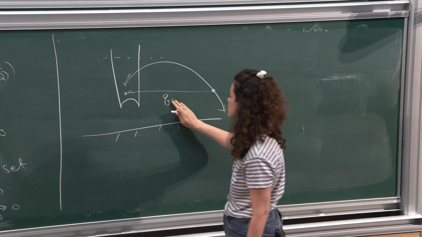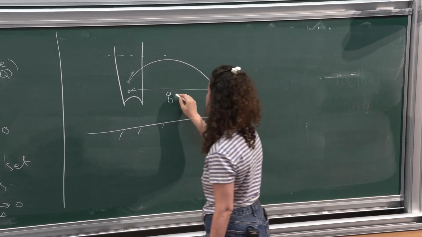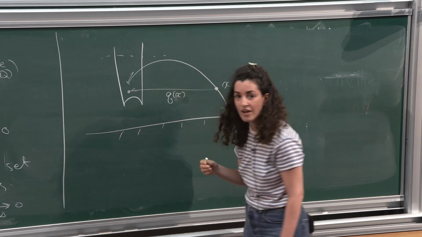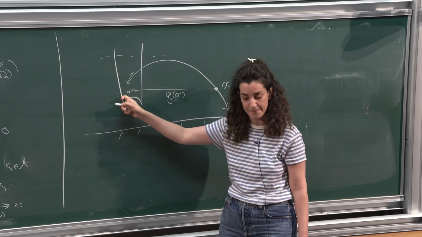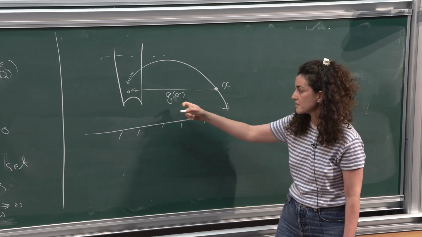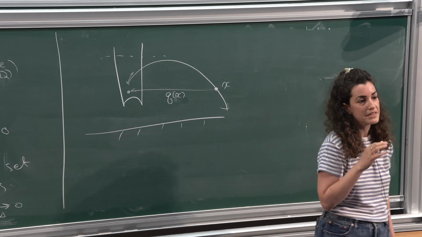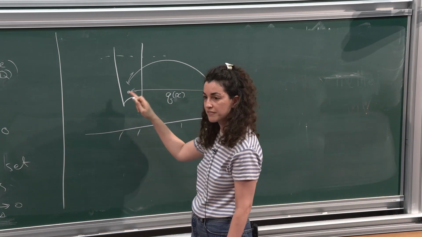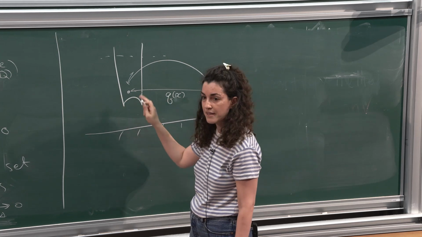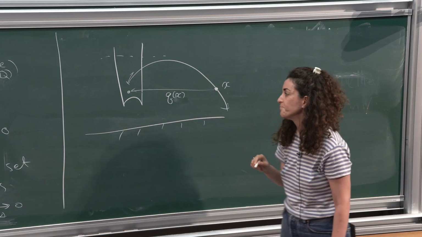So you should think about this q as some function of x. For any x in my space, I have some q_x that will shift me into the fundamental domain. These q's are not necessarily unique. For the same x, I can be shifted by two different ones, just because these fundamental domains may overlap. They could have some intersection.